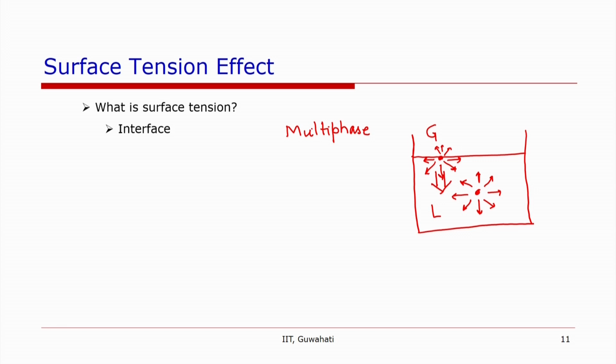Because of this effect, the fluid tends to minimize its surface area, so that the surface energy can be minimized. And again, this is a surface phenomenon, and it happens only at the interface between the two fluids.